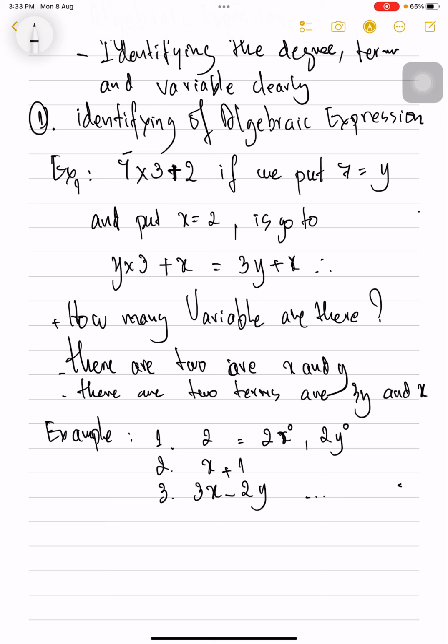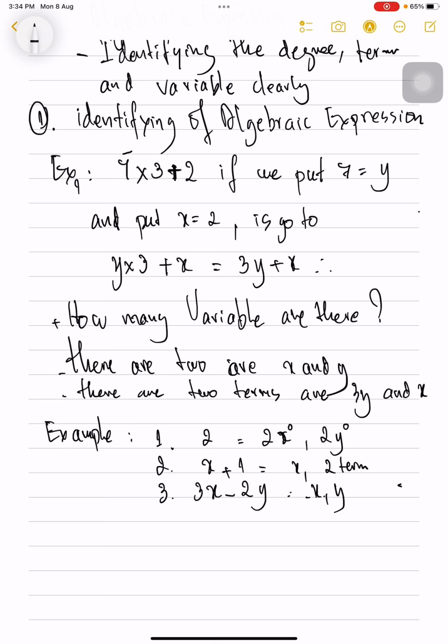So the first one is also an algebraic expression, but there is only one term. For number 2, the variable is x, and there are two terms. The first term is x and the second term is number 1. And for number 3, the variables are x and y, and there are two terms also.